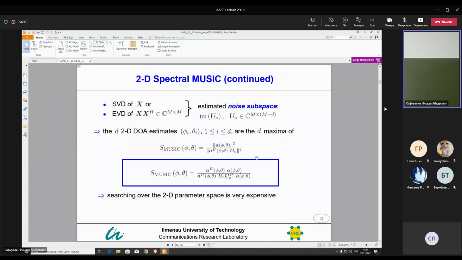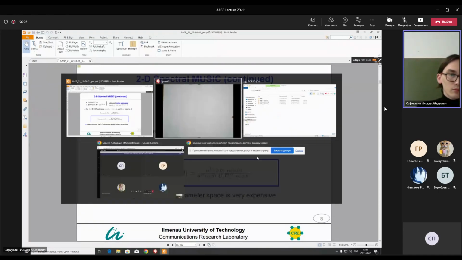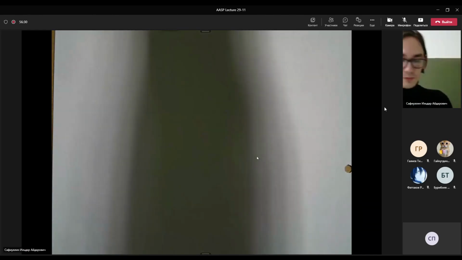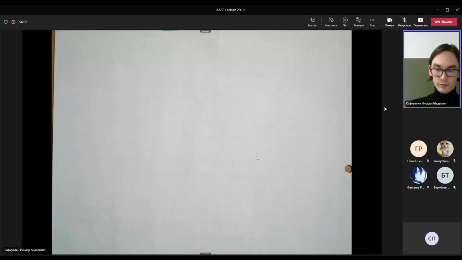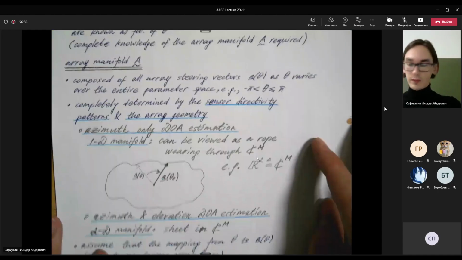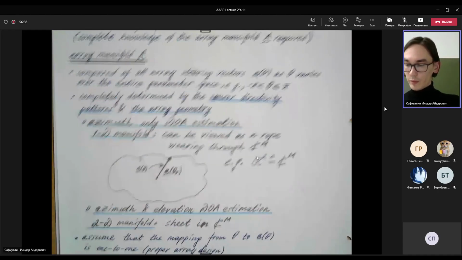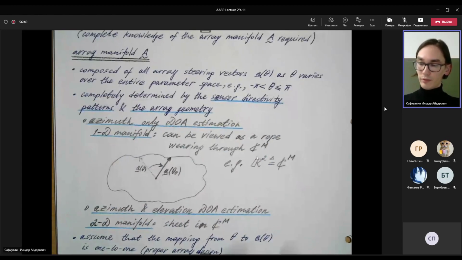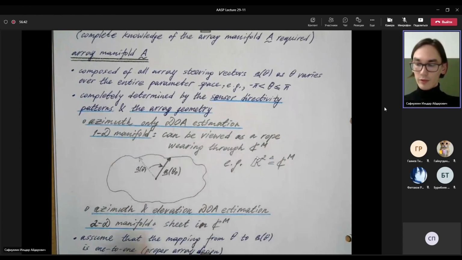So yes, here you can see for a 1D array manifold, we have a rope, something like this.